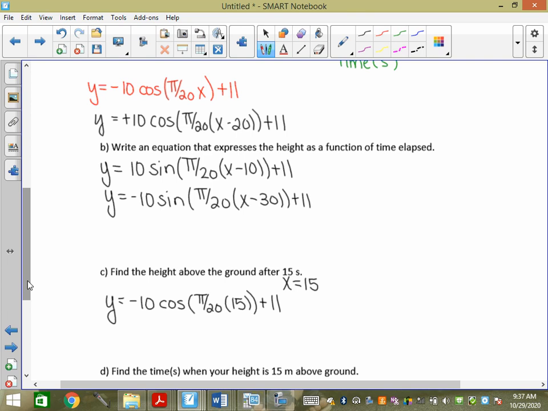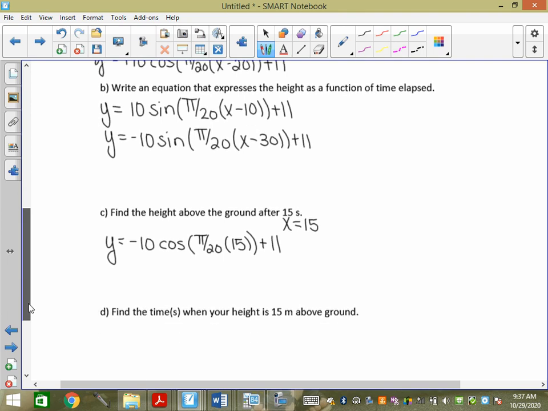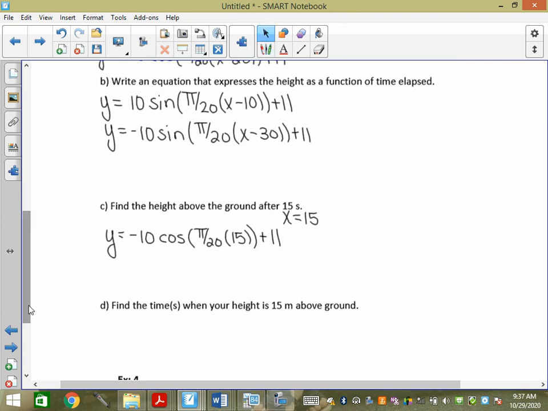In what mode? Radian, so pressing the button cos, right? So type that one in. Did anyone get an answer?